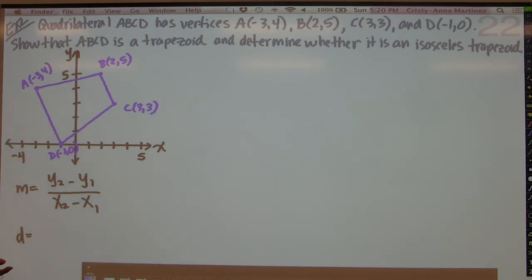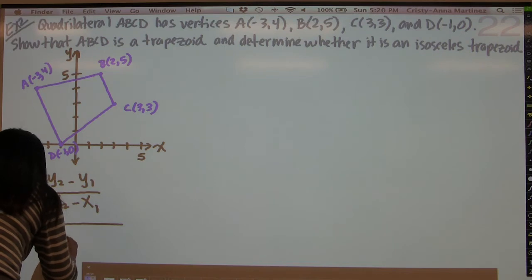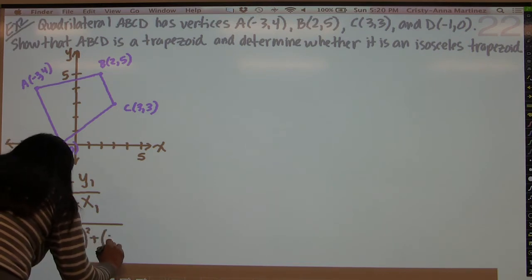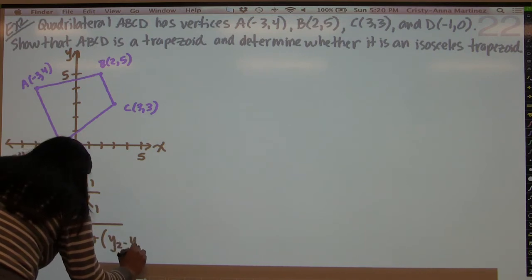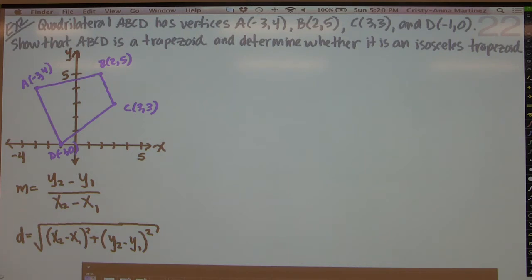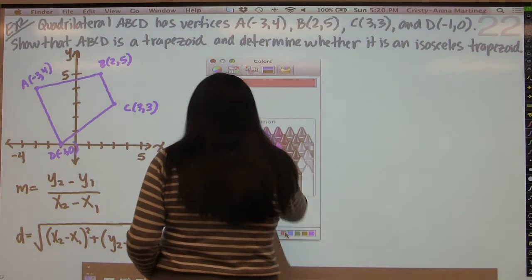It's an isosceles trapezoid as long as the legs of the trapezoid are congruent, okay? So for the distance formula, if you've forgotten what that looks like, it's the change in x's squared plus the change in y's squared, and the square root of that. So we're using those formulas to help us here.